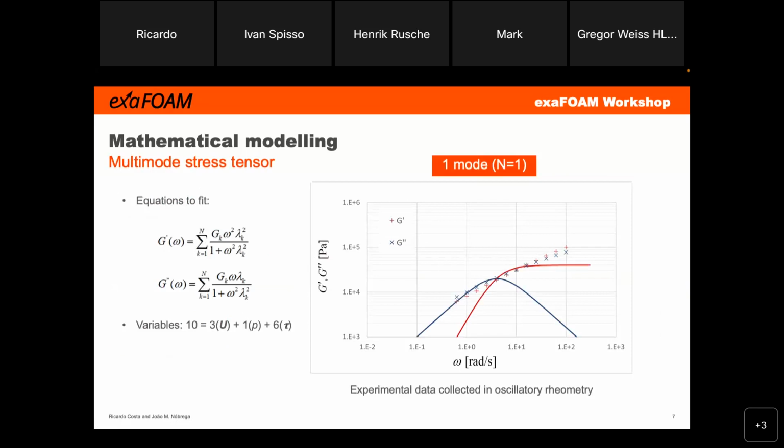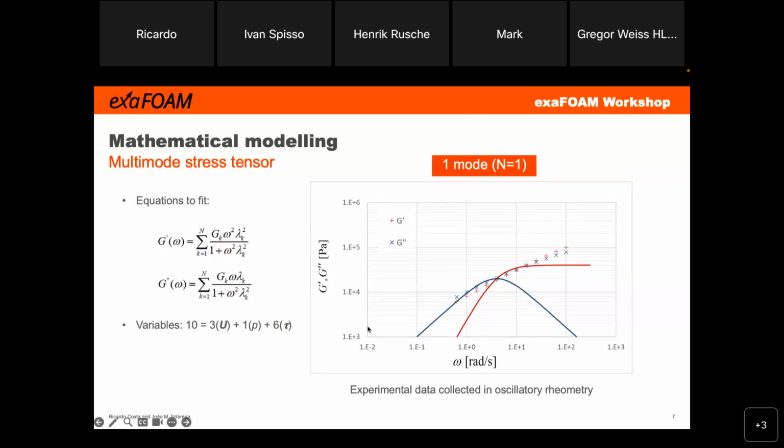And if I assume one single mode, you can see that the fitting is incorrect. So it's very bad. But the advantage is that I just have one stress tensor, which makes a total of 10 variables to solve in my system of PDEs.